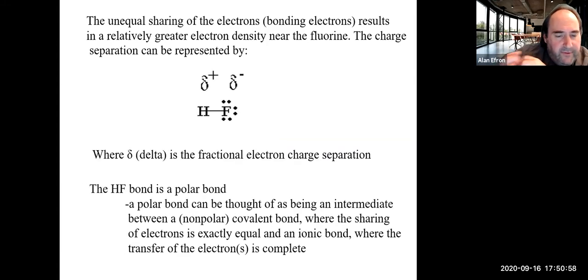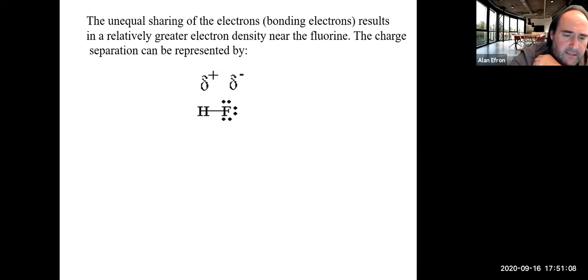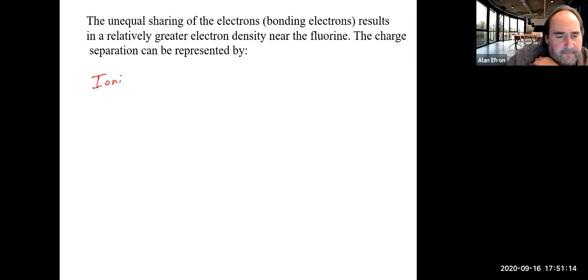So when we sort of think about the different types of bonding, like the 3 types of bonding that we talked about, you could kind of think of it as this sort of situation. On one end of the extreme, we have really an ionic bond, like something like, say, barium bromide.